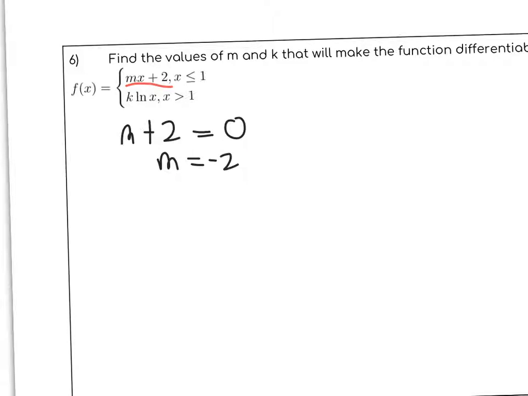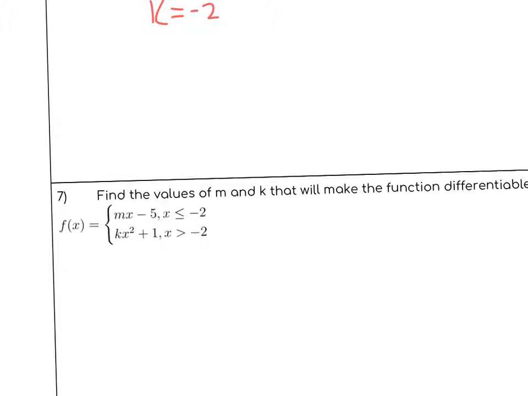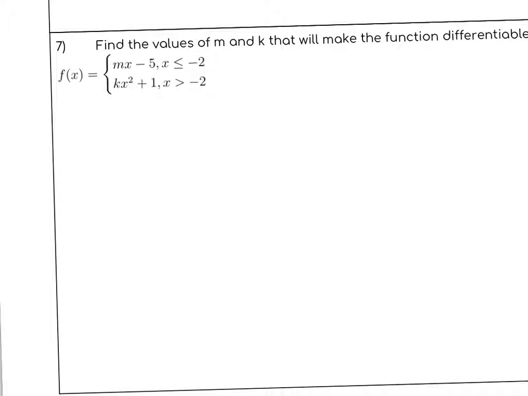The derivative from the left is just going to be m. The derivative from the right is going to be k over x at 1, which is k over 1. And that means that m equals k, so that k equals -2 also. So that's going to work out quickly.